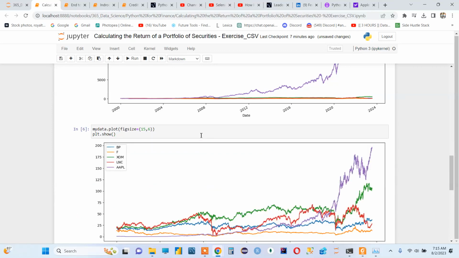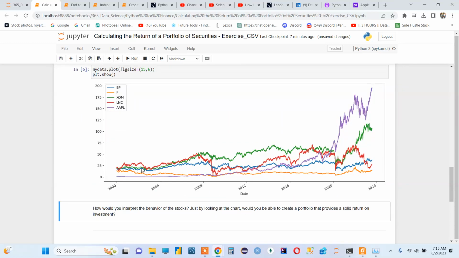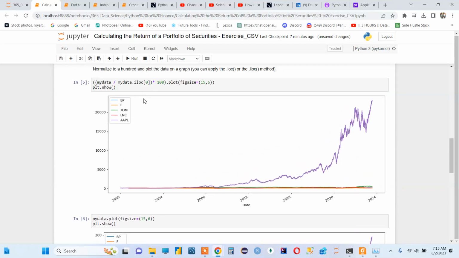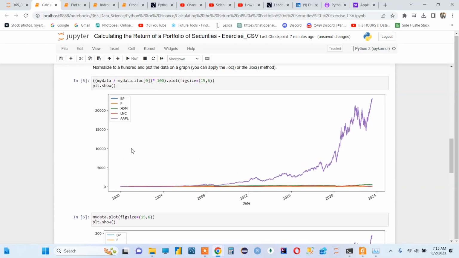Otherwise it looks like this range. In this graph also we can see that Apple is a top-notch performer, but this will not give us the relative performance. So in order to keep all in the same range, we have to keep it as a normalized curve.